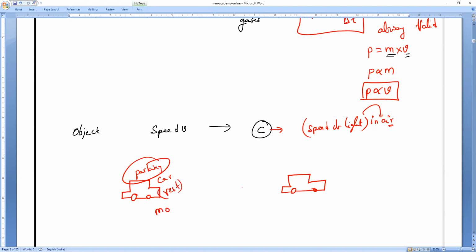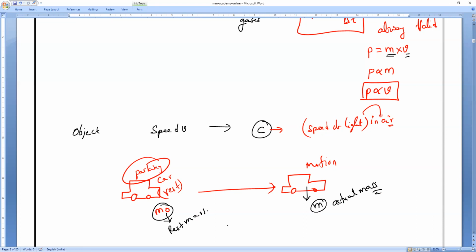But when the same car is in motion, in 9th class we studied that mass always remains constant, but the mass is not constant here. That is different. When you are in motion, you have some actual mass, and when you are at rest, you have some other mass.